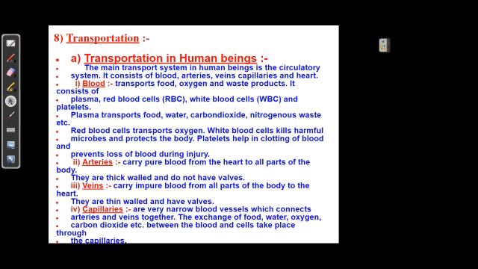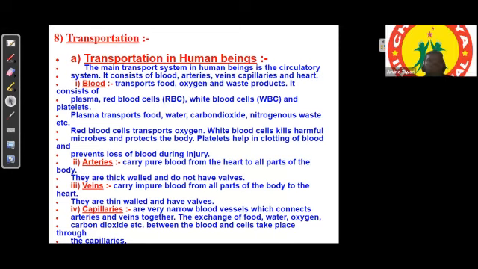Blood contains platelets which help in clotting. Sir, it transports oxygen and nutrition. Okay, transports oxygen and nutrition, right?